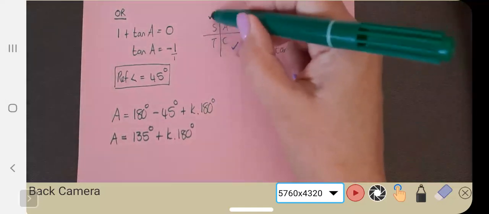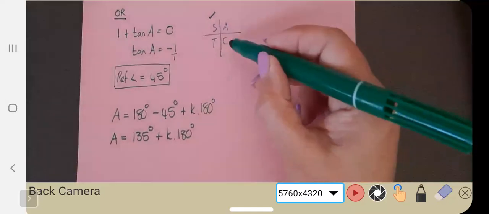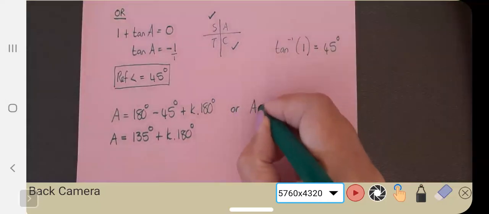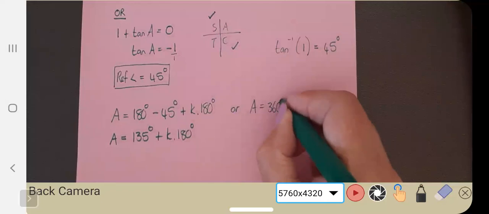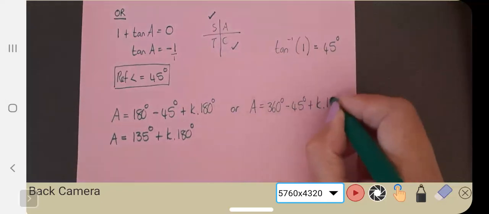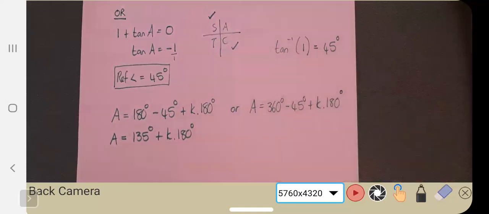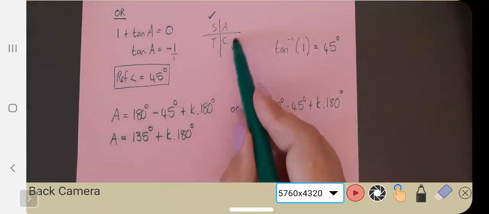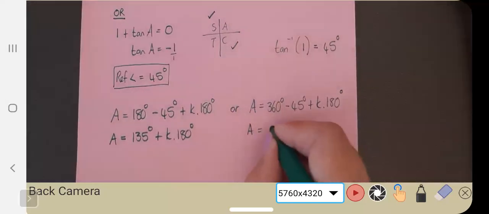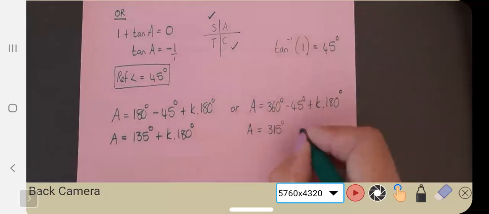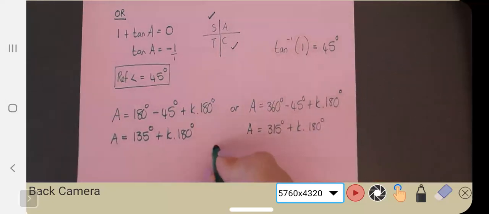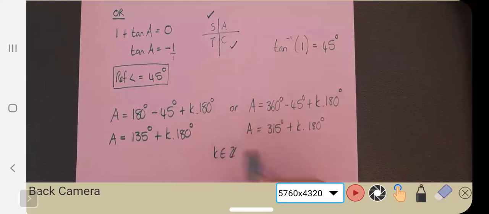Okay, that covered this quadrant, but we still need to say this one as well. Or A will be 360 minus 45 plus k times 180. 360 minus 45 is 315. So A will be 315 degrees plus k times 180 degrees. And k is still an element of Z.